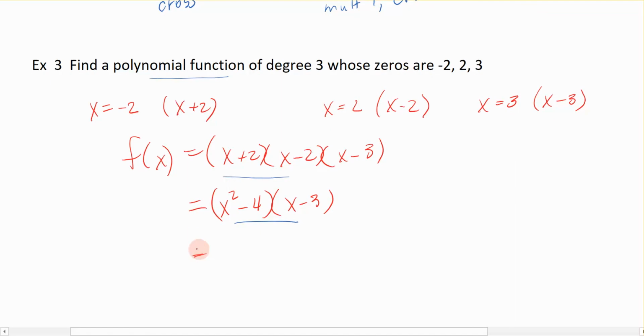X squared times x is x cubed. Here we have minus 3x squared. In the center we have minus 4x, and then last we have plus 12. So this is the expanded form of my third degree polynomial which had zeros at negative 2, 2, and 3.